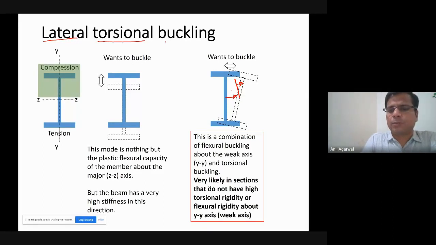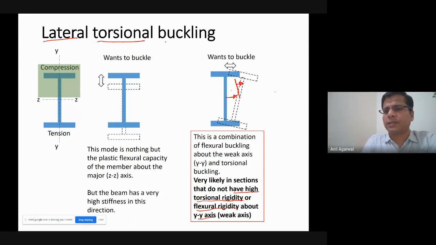Okay, so this kind of buckling is possible in sections which don't have very high torsional rigidity, or which have a low torsional rigidity, and also low flexural rigidity about the y-y axis. If the cross section has a very high flexural rigidity about the y-y axis, then this is not possible. This kind of buckling can be prevented.